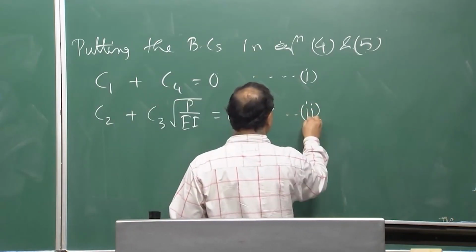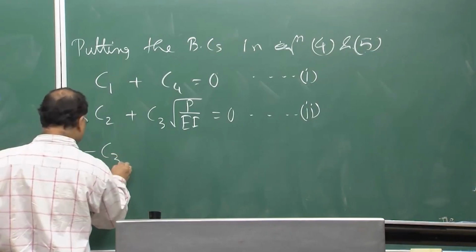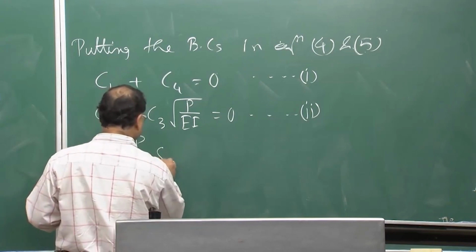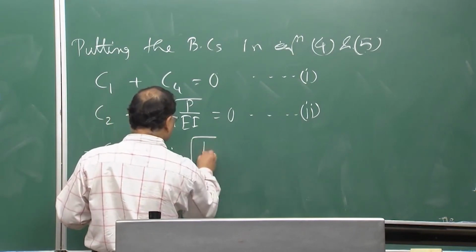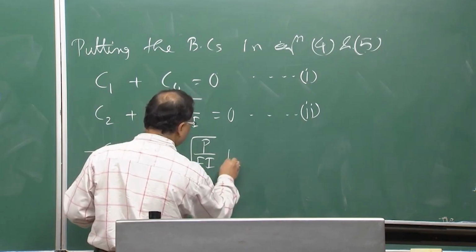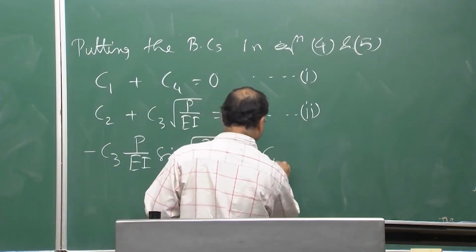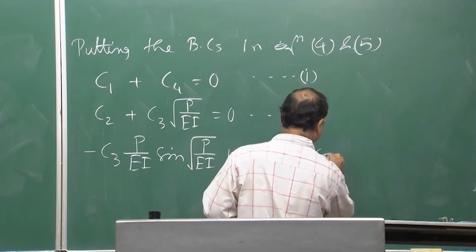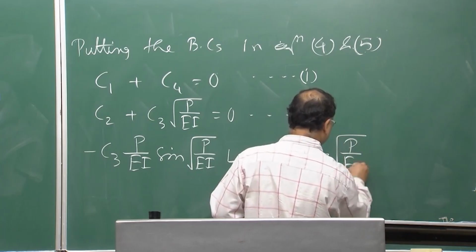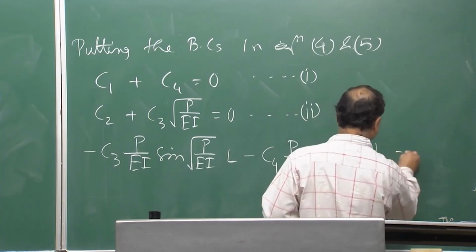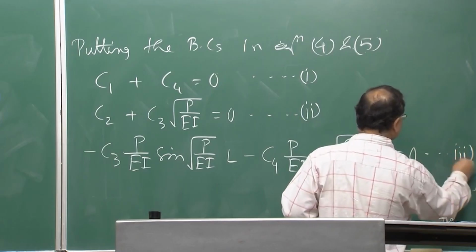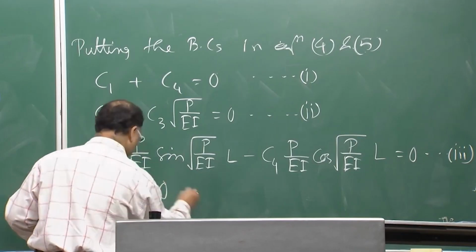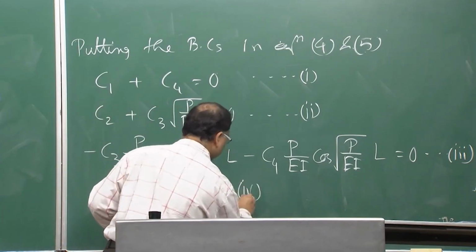Say this is equation 2, and minus C3 P by EI sin root over P by EI L minus C4 P by EI cos root over P by EI into L equal to 0. So, this is equation 3, and the last equation is C2 P equal to 0. This is equation 4.